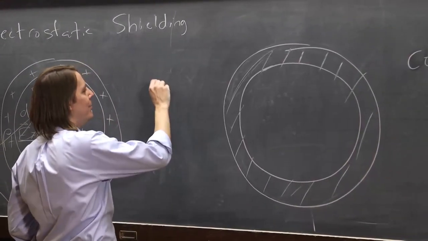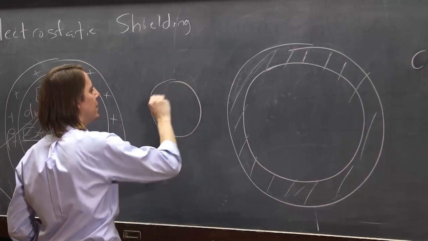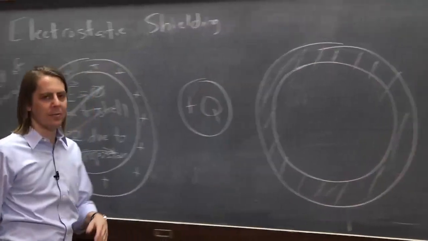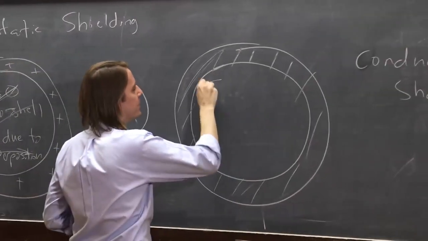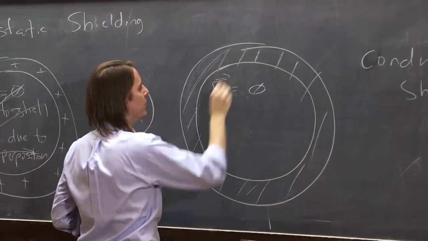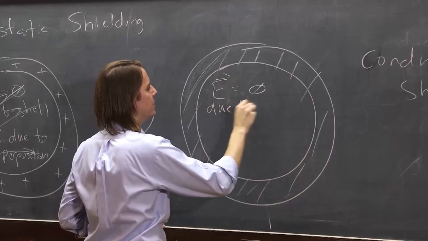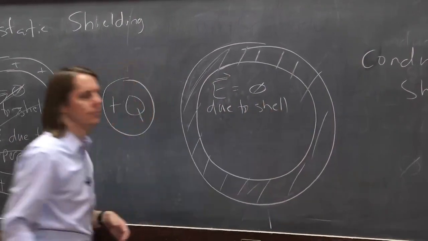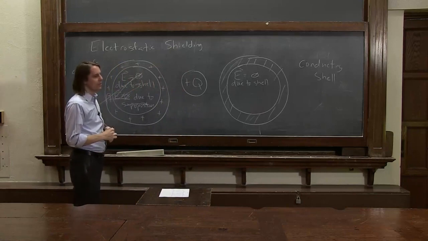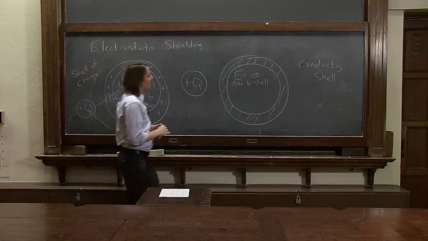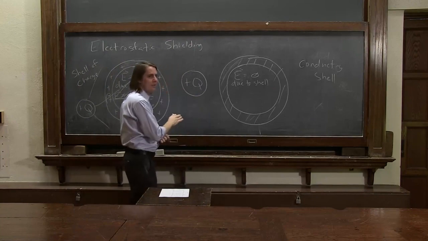Let's think about how a metal or a conducting shell might be different. When the conducting shell is neutral, or even if it's charged, E equals 0, again, due to the shell. A shell itself makes no field. The question is, does it shield from an external charge? And now this will, and the reason is it's different.